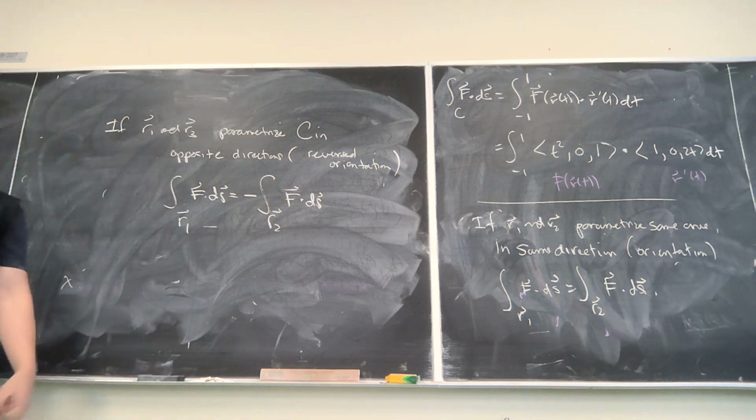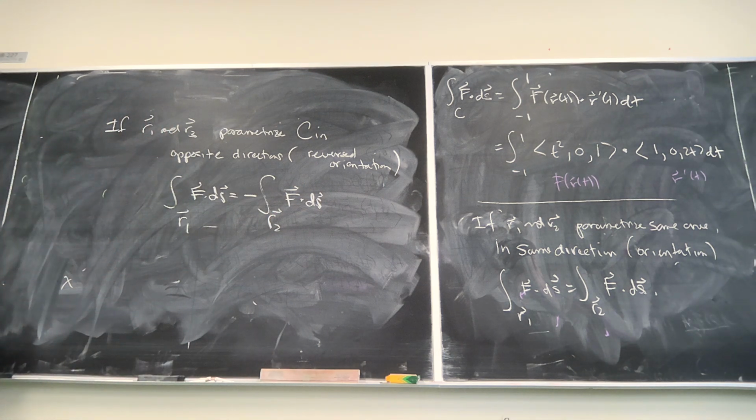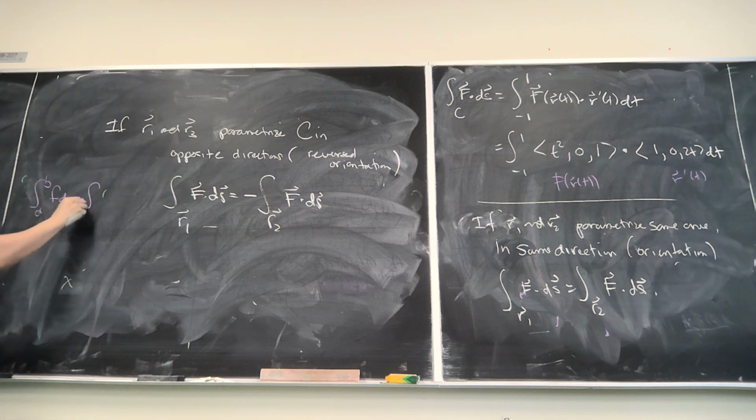Do the path backwards, get opposite work. This is a theorem you already know from Calculus 1 because you already know the integral from a to b of f dx is equal to minus the integral from b to a of f dx. If you reverse the order of integration, you stick in a negative. It's the same theorem, but in a new setting.